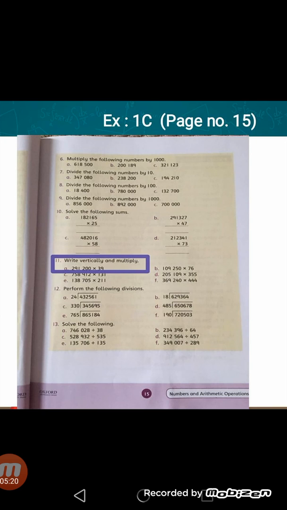Here we have been given 291,200 multiplied by 39. So first of all, we will write the value of the multiplicand, 291,200. Then we will write our multiplier, which is 39, in vertical form, and then we will start multiplication.